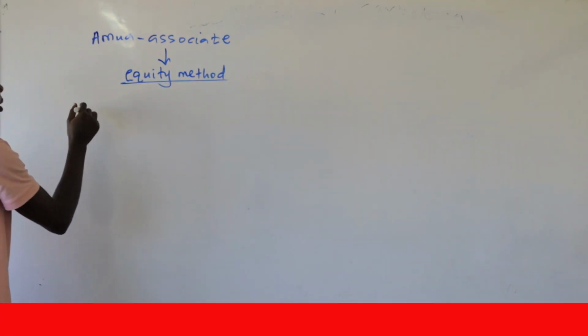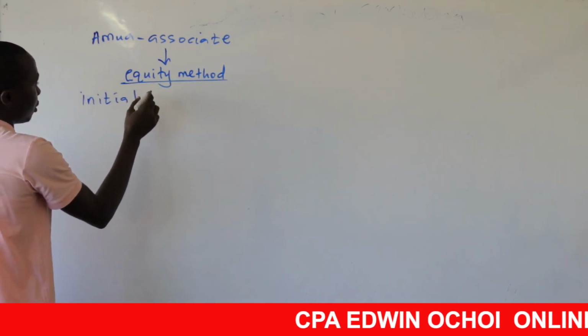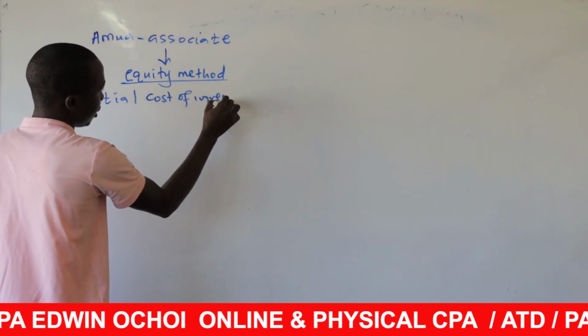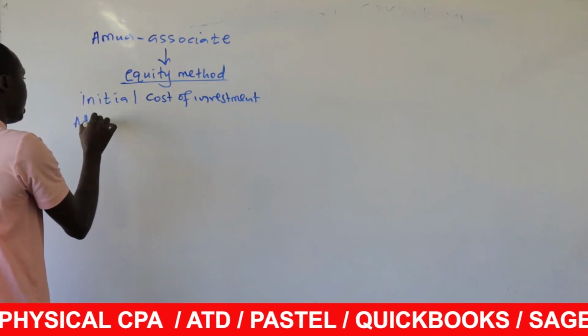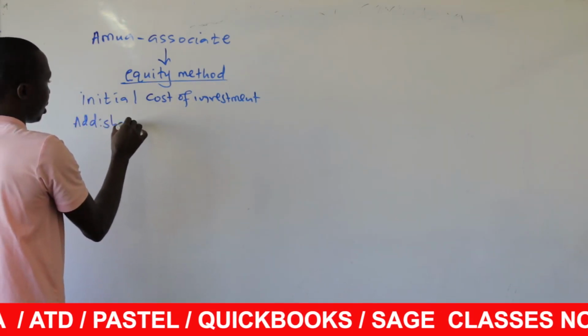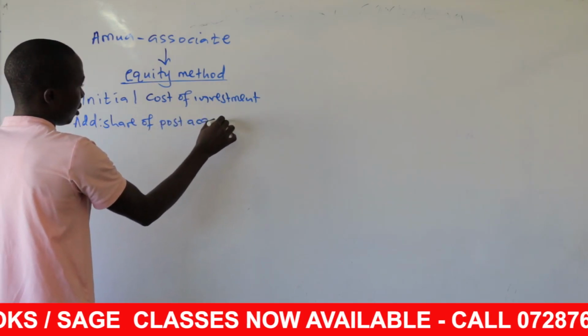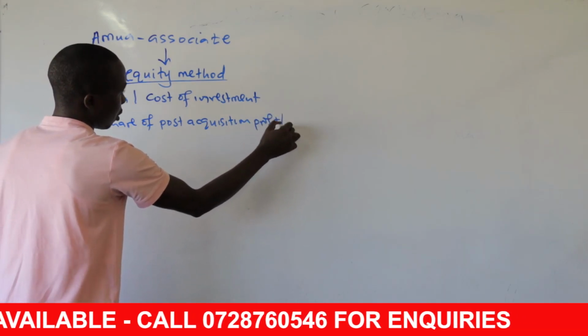So whereby this Amua will be recognized with its initial cost of investment. Then you are supposed to add the share of post-acquisition profit or loss.